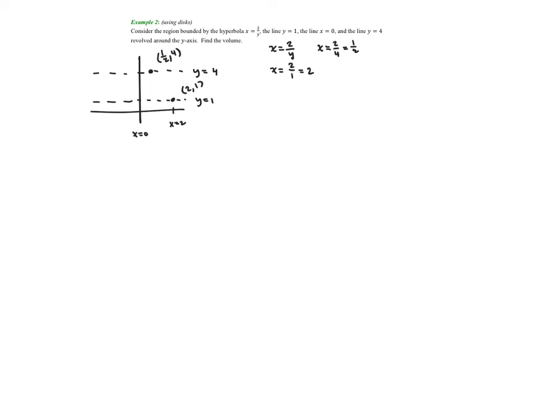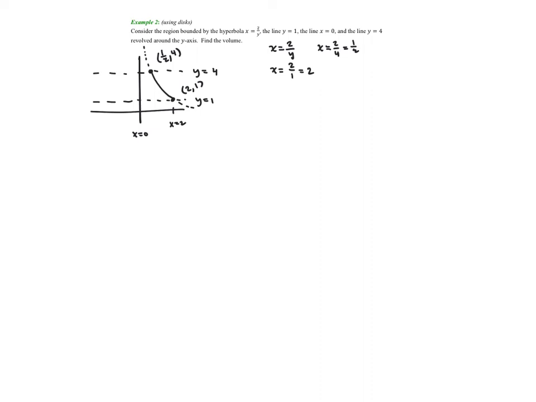Okay, so what is the function going to look like? Well, the hyperbola x equals 2 over y looks kind of like this. I'm not worried about the dotted portion above or the dotted portion as we approach the x-axis. All I'm worried about is that solid portion of the graph.